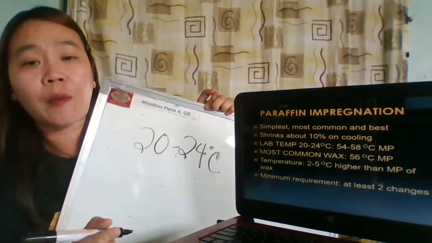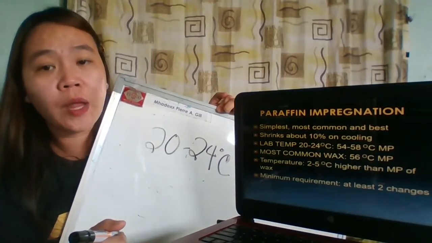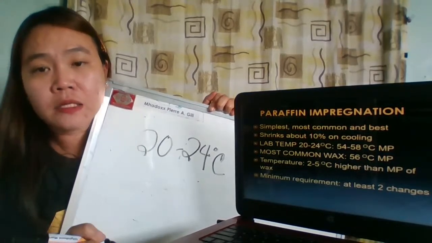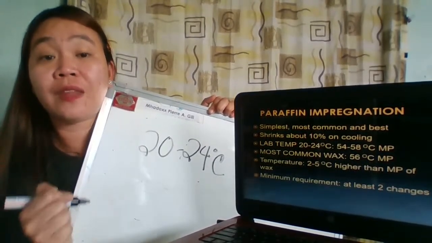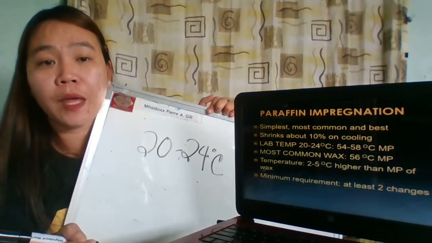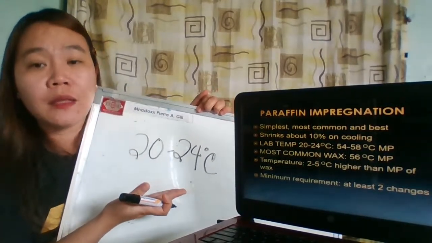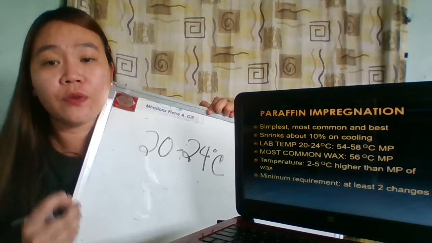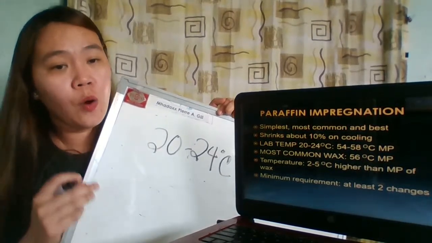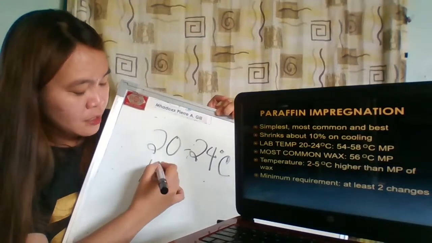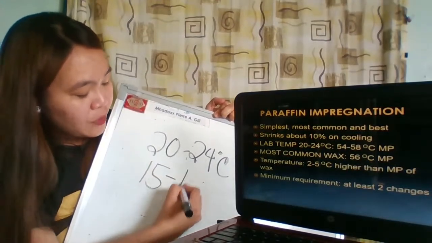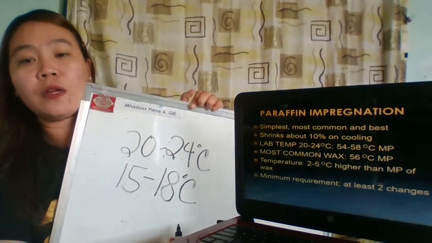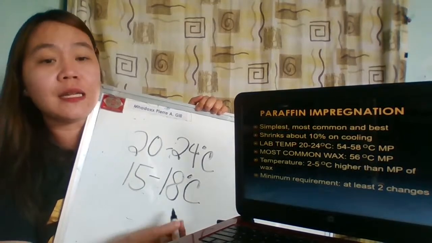If the laboratory temperature is 20 to 24 degrees Celsius, the melting point of the wax should be 54 to 58 degrees Celsius. I repeat, if the laboratory temperature is 20 to 24, then the melting point of the wax should be 54 to 58 degrees Celsius. What if the laboratory temperature is 15 to 18 degrees Celsius?